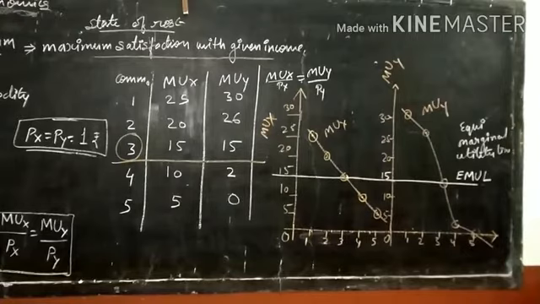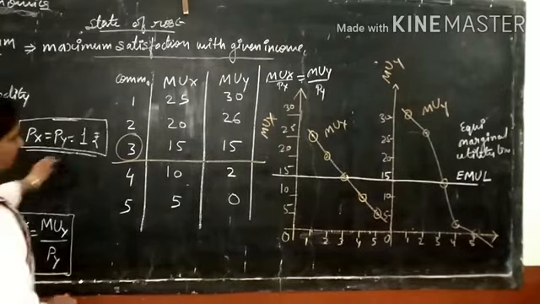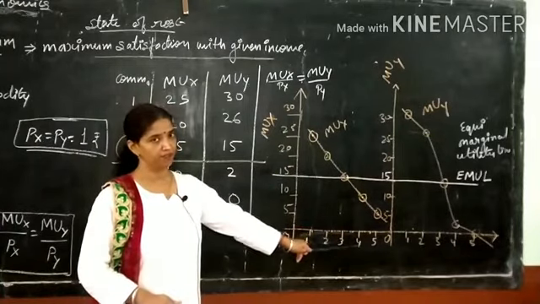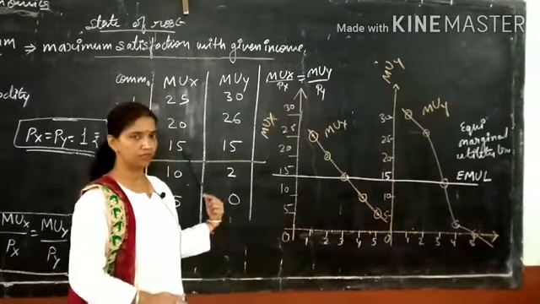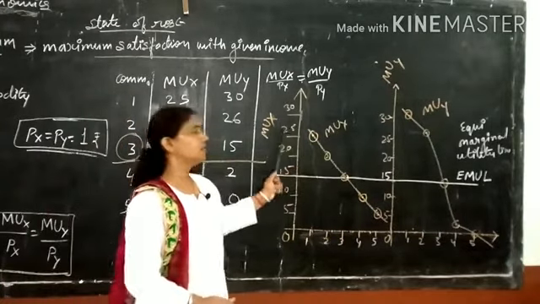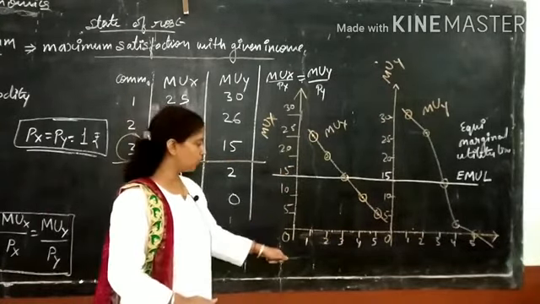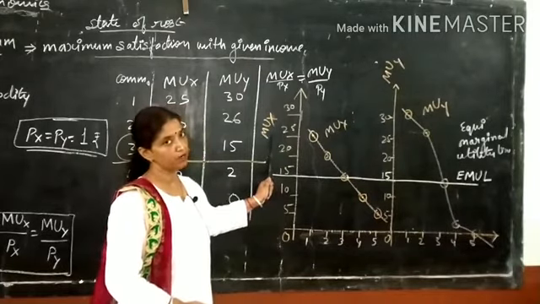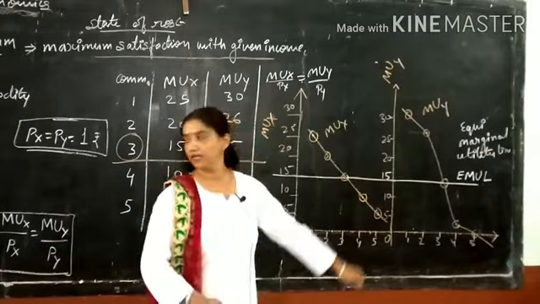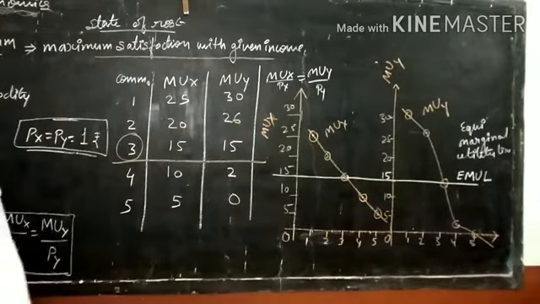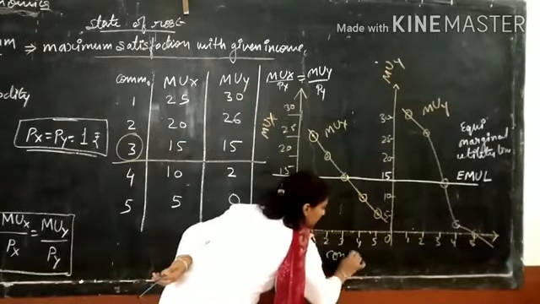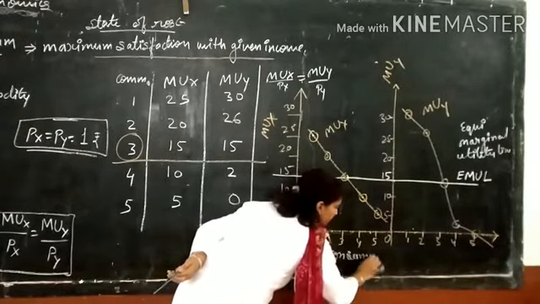For this tabular presentation, I have plotted the graphical presentation. The first graph is between quantity and the marginal utility of X, and the second is between quantity and the marginal utility of Y. On the X-axis, as usual, I have taken consumption of commodities.